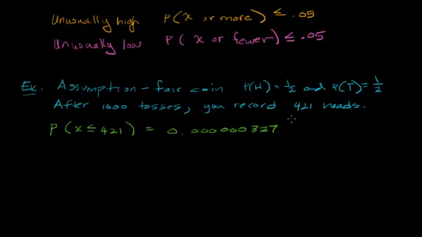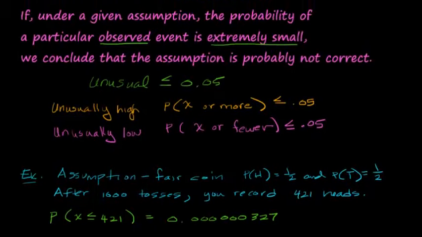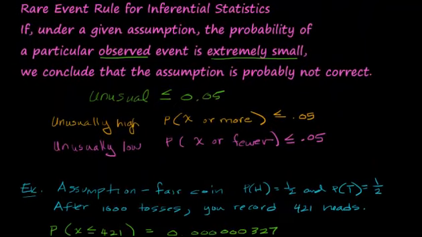So it tends to prefer tails. So there seems to be something wrong with that assumption. Okay, so that's the idea behind the rare event rule. And so when we work problems and we use probability to help us decide if we have an unusual event or outcome, then we will usually use this cutoff of 5%, although you'll see other times we may be asked to use a different one. But 0.05 is the standard in most cases.